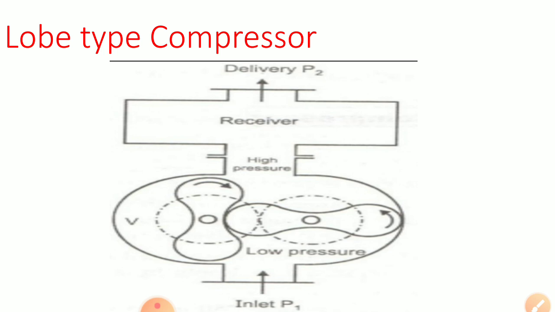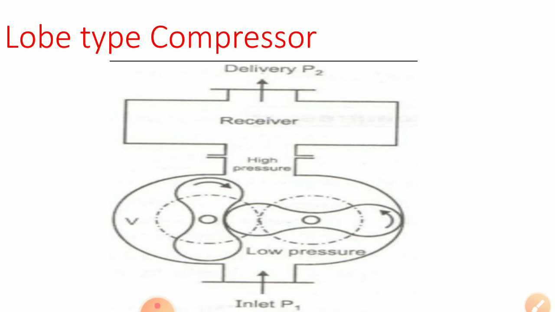Now see the working of this lobe type compressor. At atmospheric pressure, air is taken inside and it gets trapped between the two lobes and between the casing and lobes.